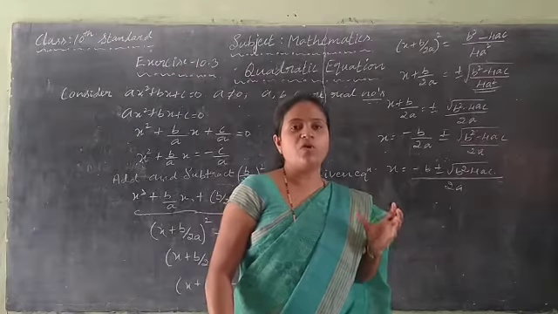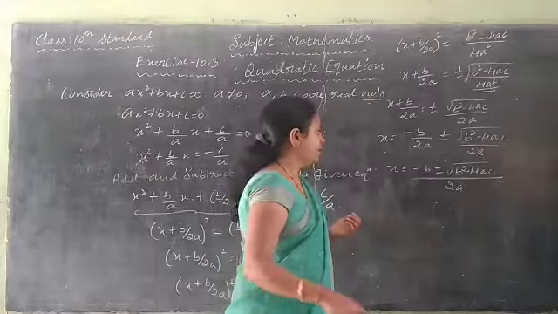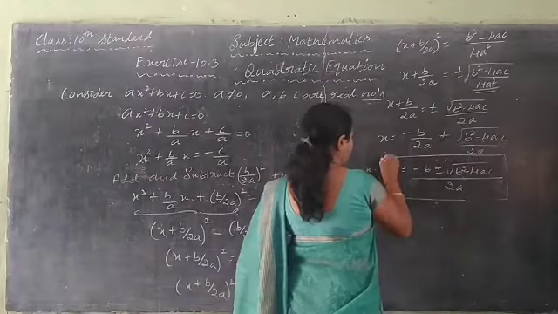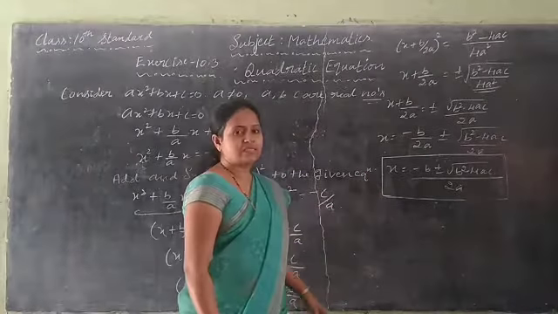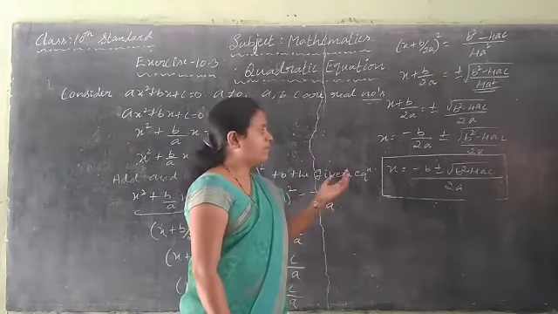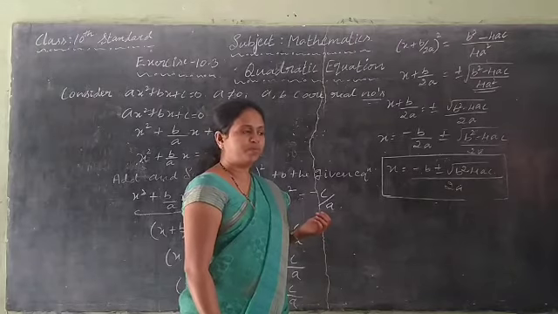This is the formula we are going to use to solve the problem. Be careful. This is the formula to solve the quadratic equation: x equals minus b plus or minus the square root of b² − 4ac divided by 2a. Did you understand?